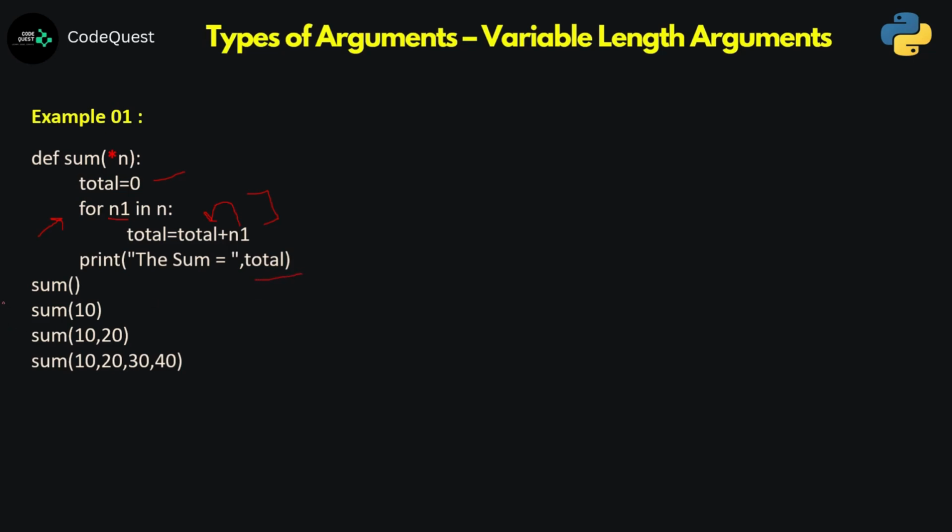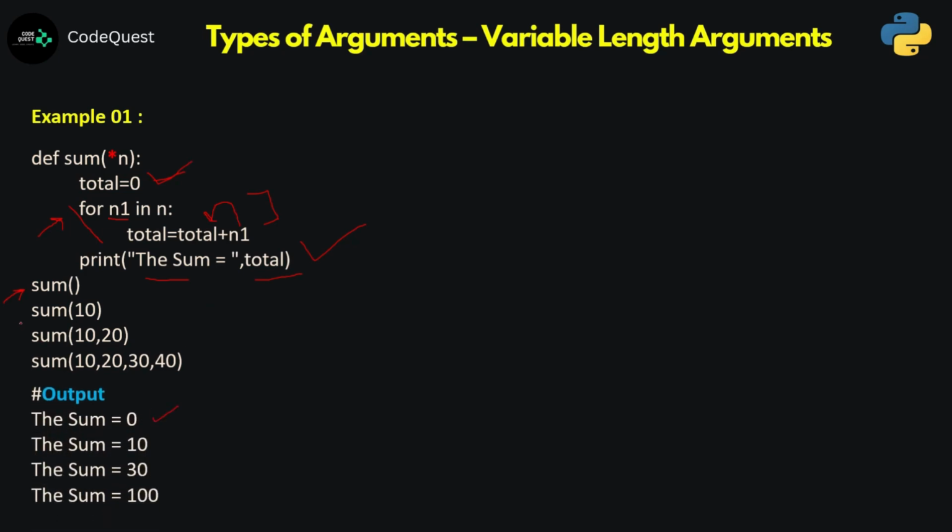So we have called this sum function for the first time, and we can see there are no arguments passed, which means this n has no arguments at all. So there are no arguments, which means this for loop has nothing to do. As a result, for the first time when this statement gets executed, the total value is nothing but 0 only.